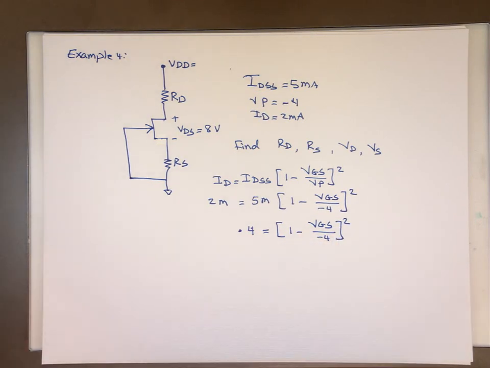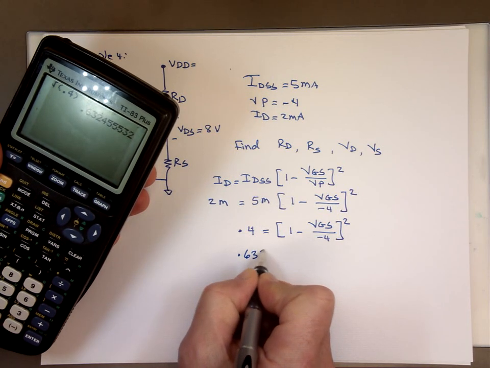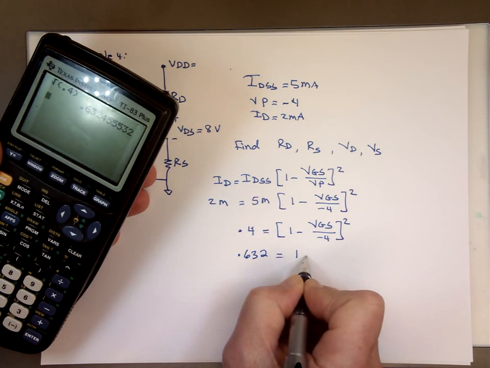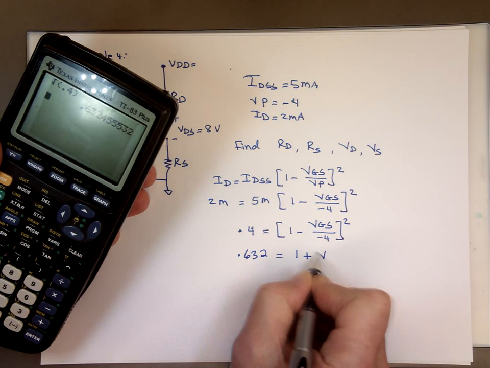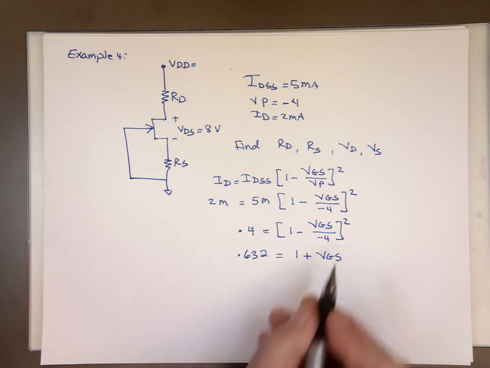You can take the square root of both sides. What's the square root of 0.4? It's 0.63. So 0.63 equals 1 plus VGS over 4.